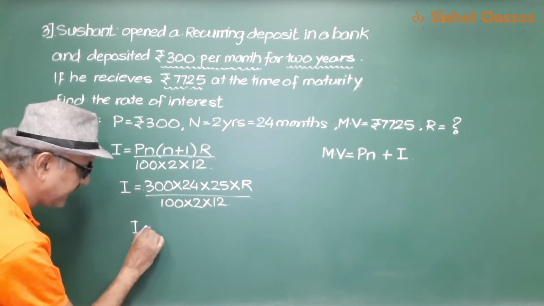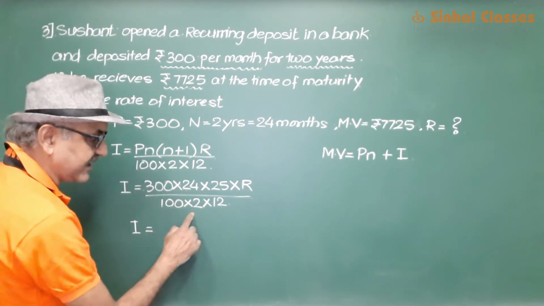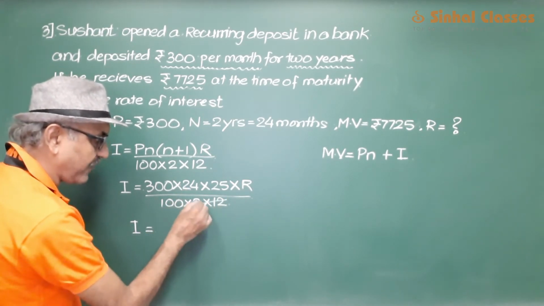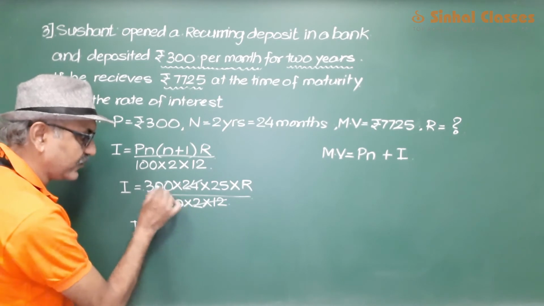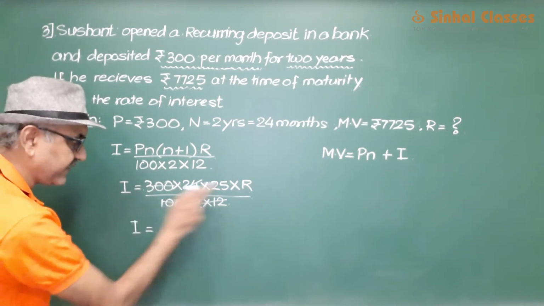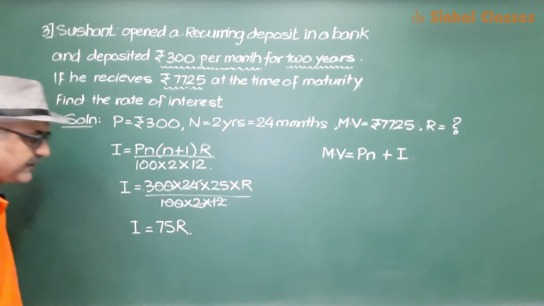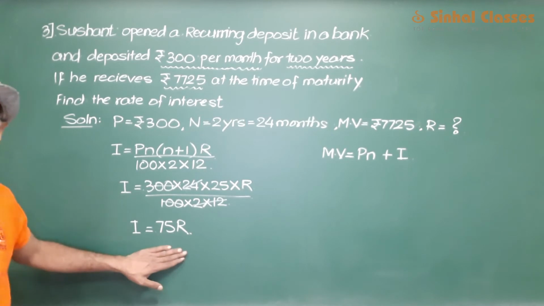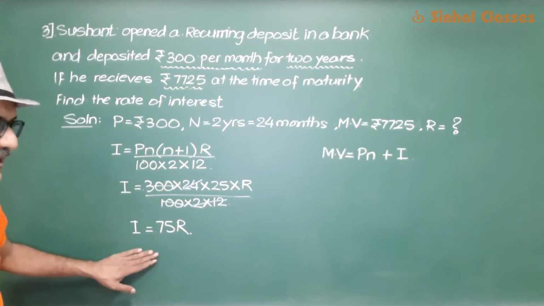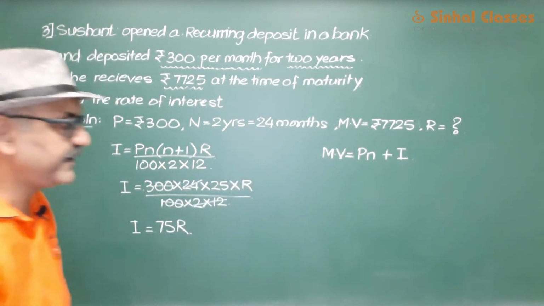So I is equal to, 2 12s are 24. This goes off with 24. 100 goes off with the double zeros. So I is equal to 75 R. This is your interest in terms of R. We will put in the same value here in place of MV.